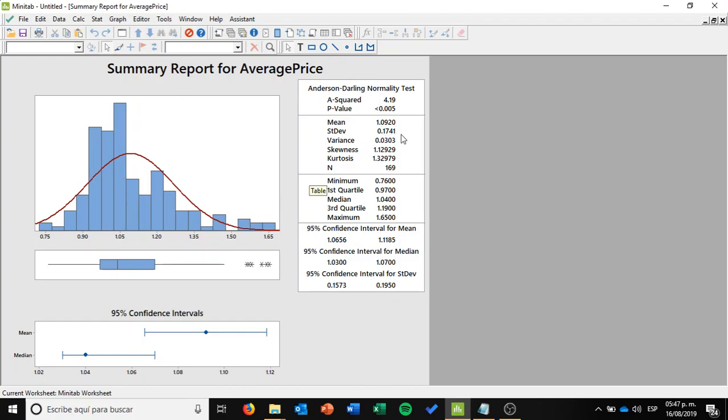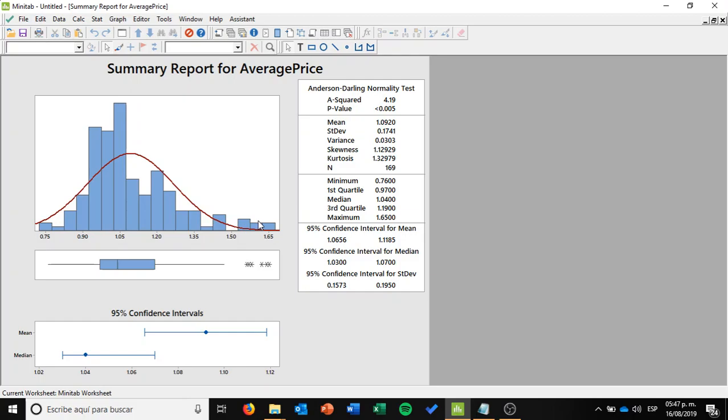Remember that the standard deviation is the square root of the variance, and the larger the standard deviation, the larger the dispersion of our data. Roughly, the standard deviation is approximately 17% of the mean, which means that we have quite a dispersion.